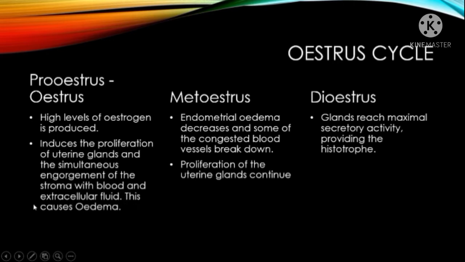This action causes edema. In metestrus, the endometrial edema decreases and some of the congested blood vessels break down. This causes the proliferation of the uterine glands to continue. And in diestrus, the glands reach maximal secretory activity, which provides histotroph, or what we call the uterine milk.